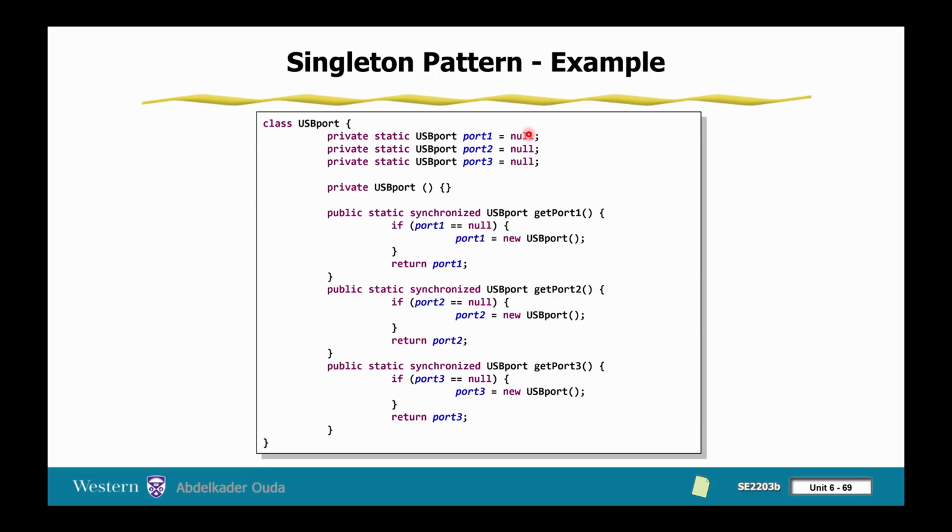We are using lazy instantiation here. All of them have null values. And then we offer getPort1, getPort2, getPort3. All of them are controlled by the synchronized keyword. The first request for the first port, we're going to create the object and return it. The second request to the same port, we're going to use the same instance. We'll not create a new one.